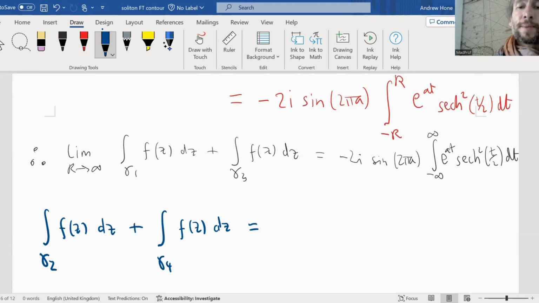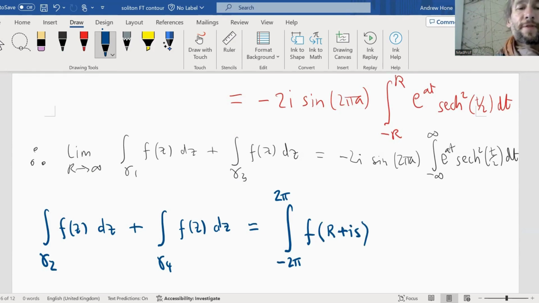So we'll have an integral from minus 2 pi to 2 pi of f of r plus is.